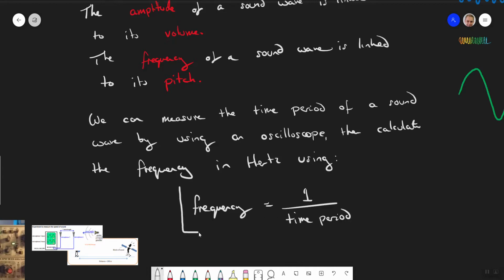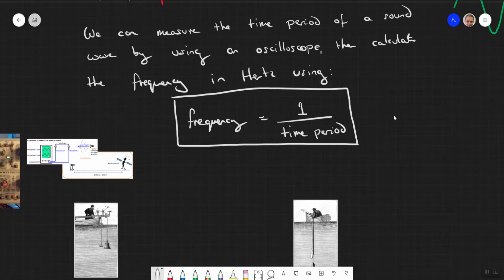And that's an equation that you get given, and it's what we were doing in the last lesson. So that's summing up what it is that we are doing.